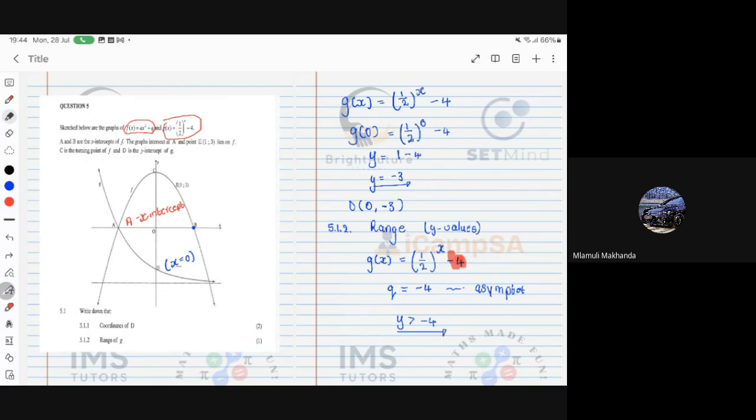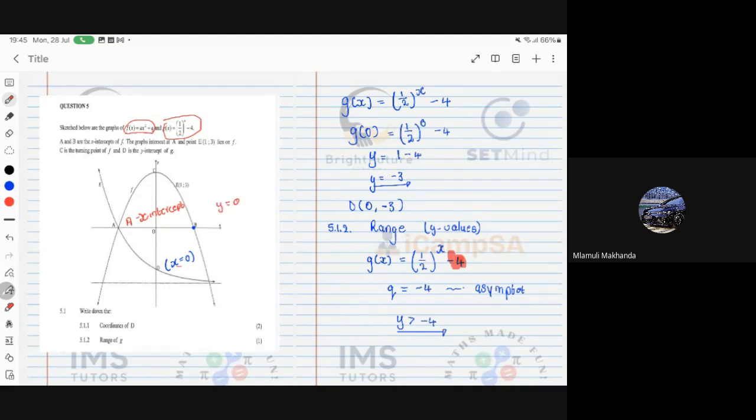So that's the first thing that we should note. And then when the graph of g intersects or cuts the x-axis, what did we say about y? y is going to be equal to 0. y is equal to 0.